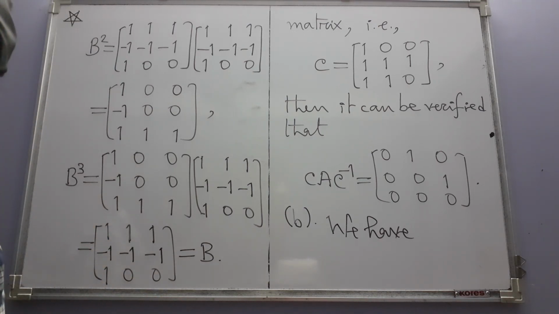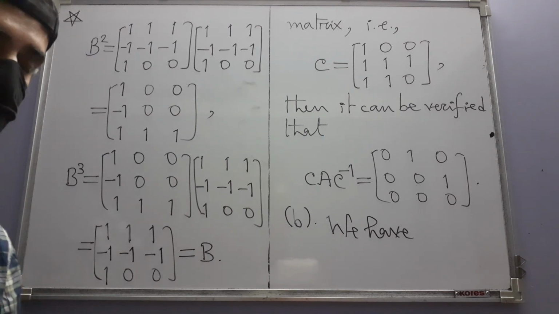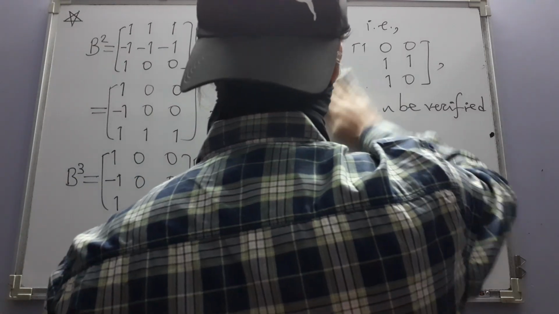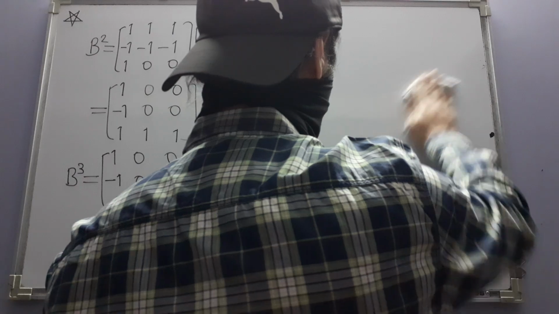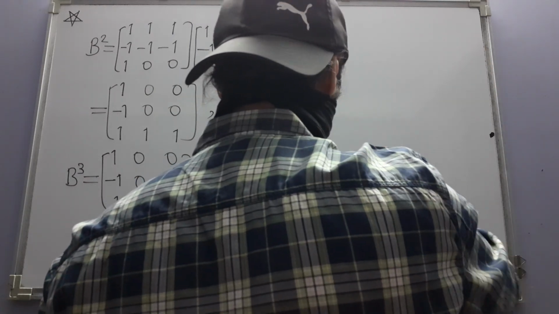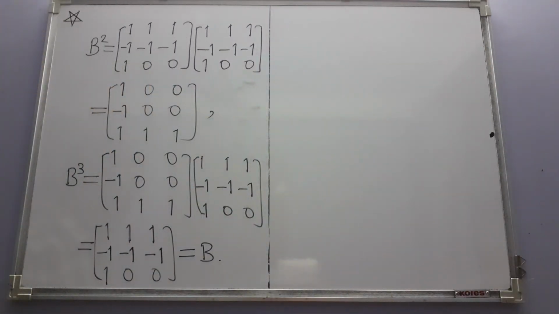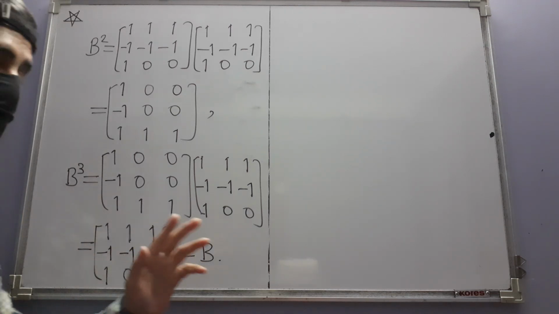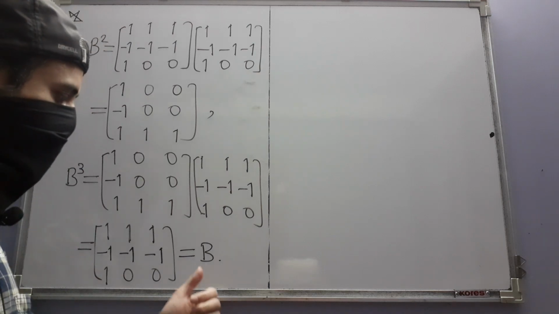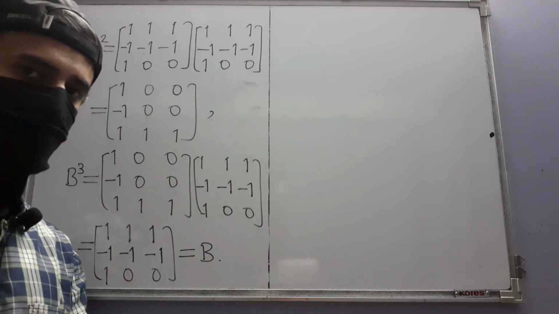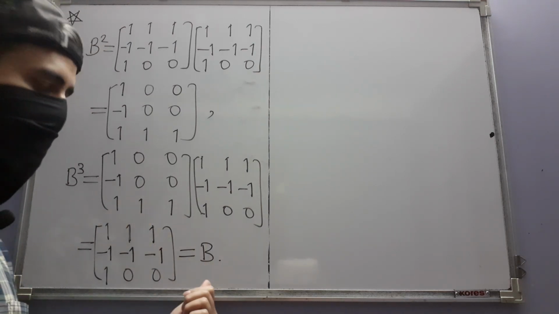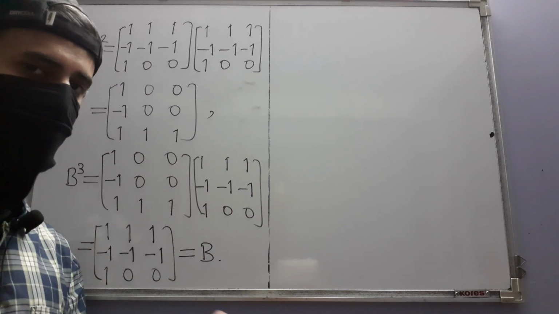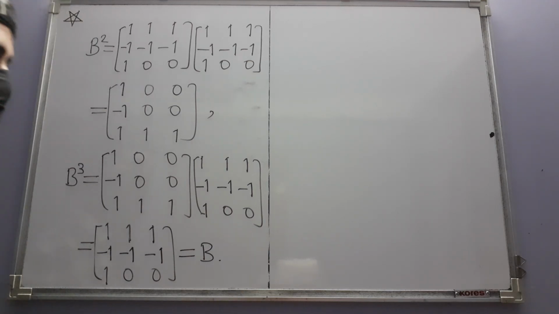So now can you conclude that no higher power will be 0? You can actually, in spite of not calculating any higher power. Why? Because if you want to calculate B to the power 4, that is B times B cube, but because of this identity it becomes B times B, that means B squared. So you get back B square, which is non-zero.